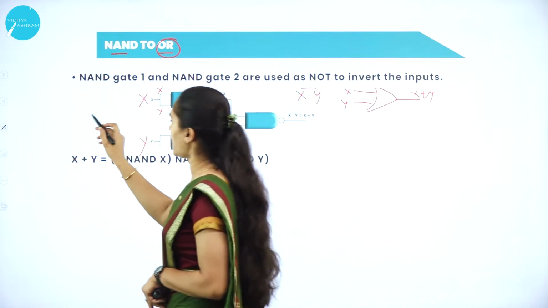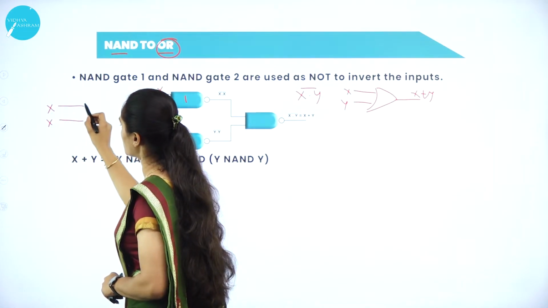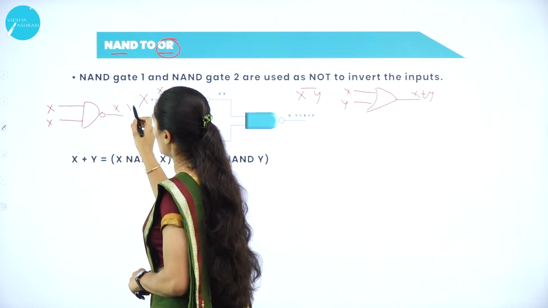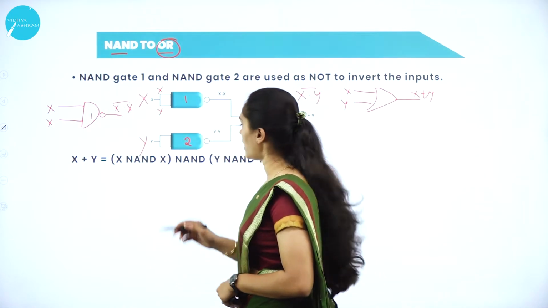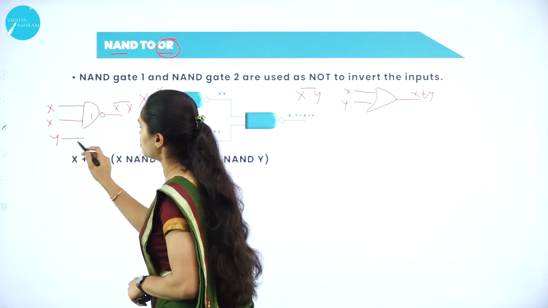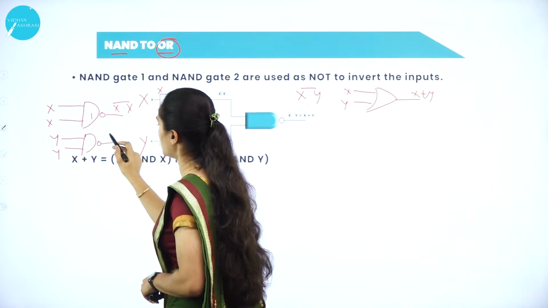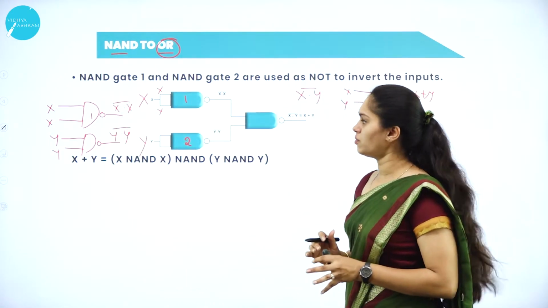So when it comes to NAND gate 1, x and x are the two inputs. So the output will be x dot x whole bar. So this is regarding NAND gate 1. So I have NAND gate 2, with y and y as my inputs. So the output will be y dot y whole bar.